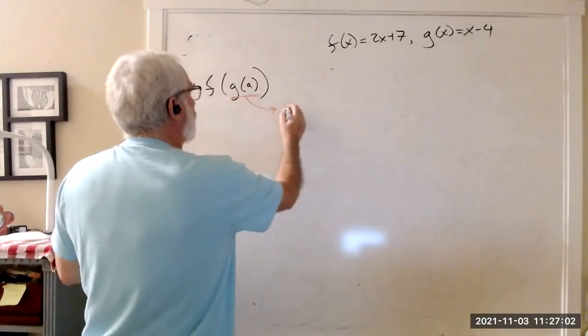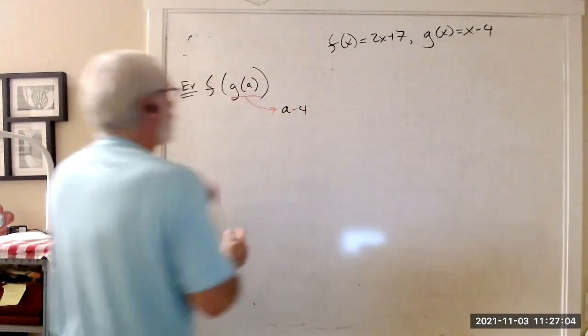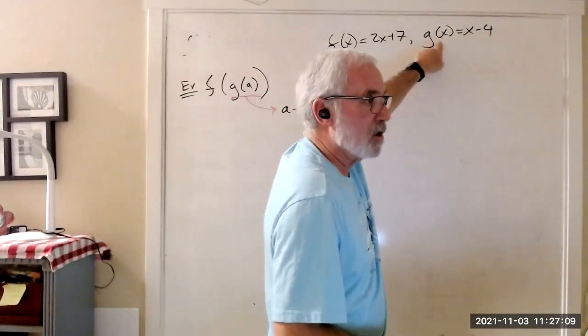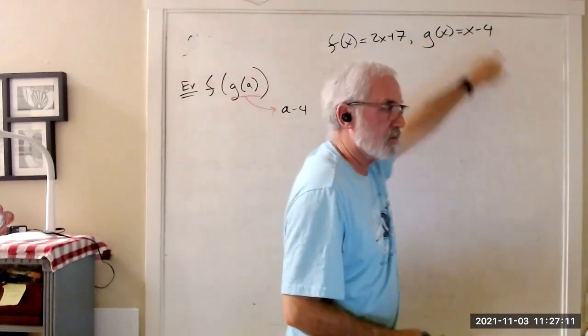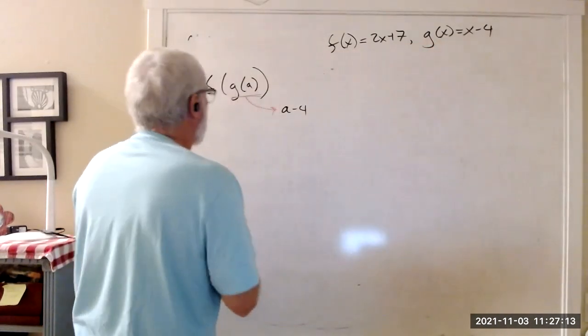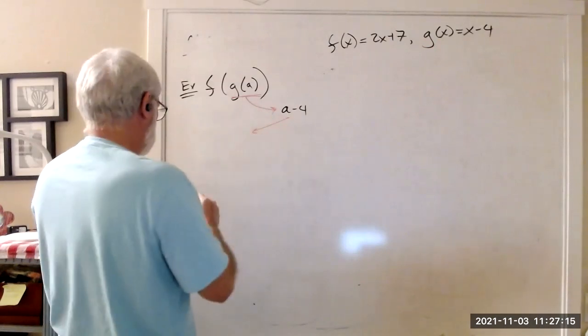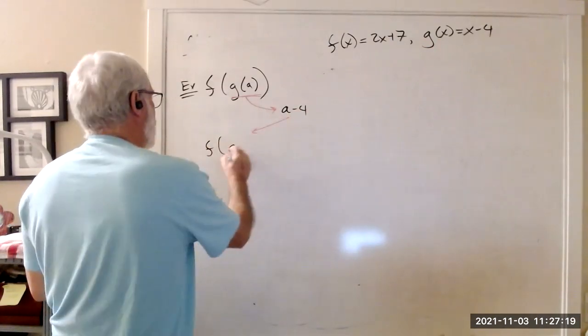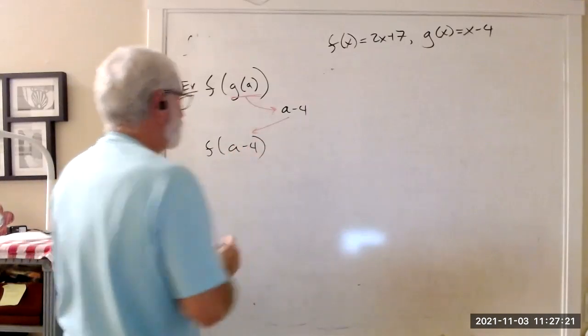G of A would become A minus 4. Plug A into G in place of the X. Okay, that means this becomes F of A minus 4, whatever that mess was.